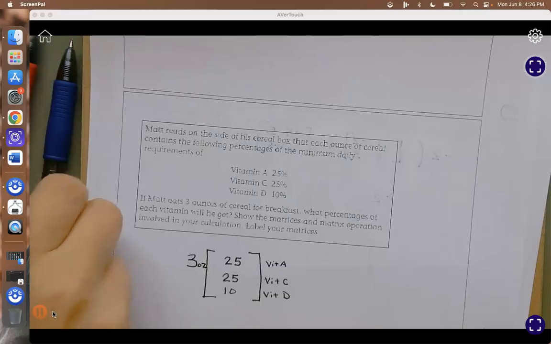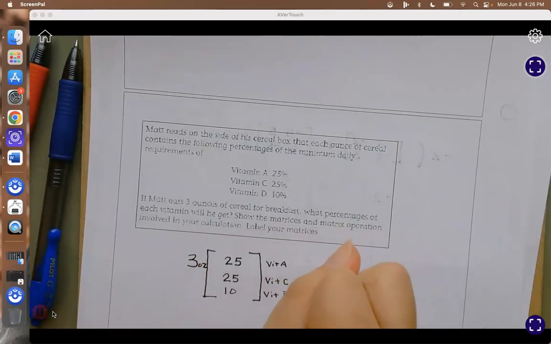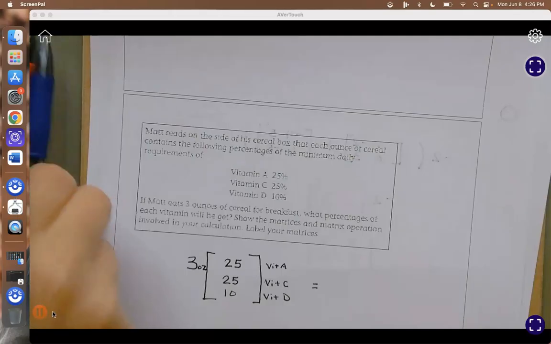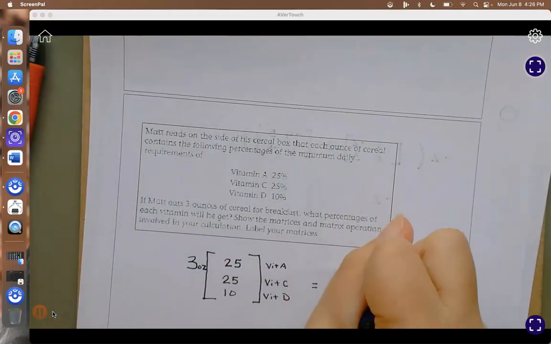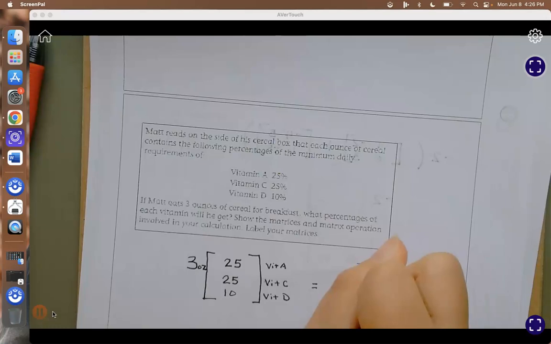So when I multiply that, I'm going to get 75, 75, and 30.